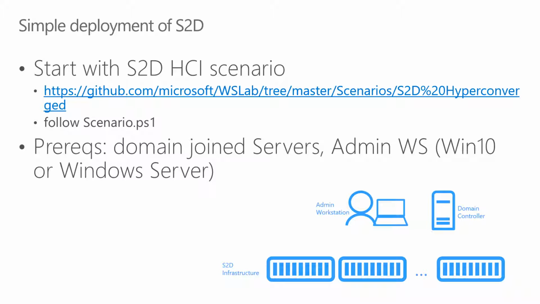I don't know, some nice Azure Stack HCI certified hardware that is now sitting in your rack, connected, domain joined, and you can see these machines from your admin workstation. That can be, I don't know, a Windows 10 machine, or it can be a Windows 7 machine. It depends, right? It's just your management machine.